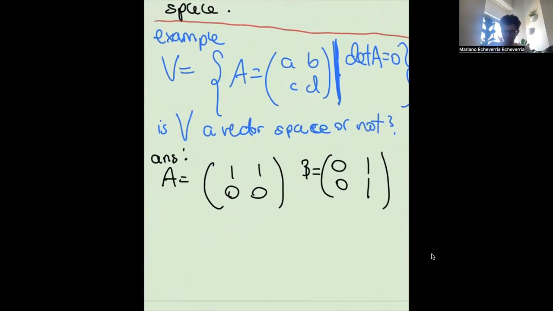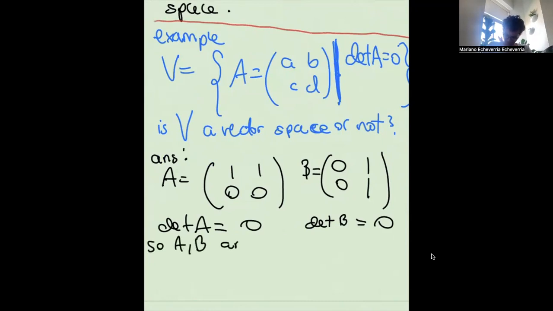So how about this? What's the determinant of A? Both the determinant of A and B are zero, right? So A and B are each inside of V. Is that making sense? Because the condition for being inside of V is that your determinant is zero. But what is A plus B?